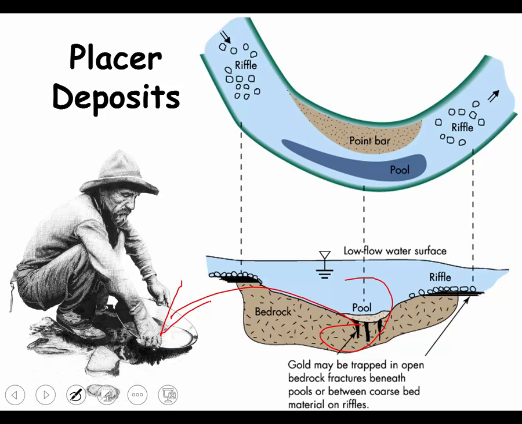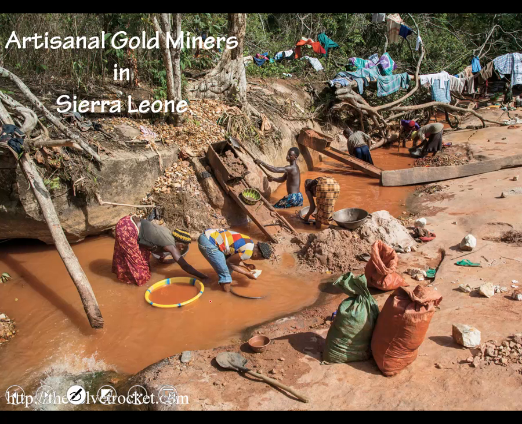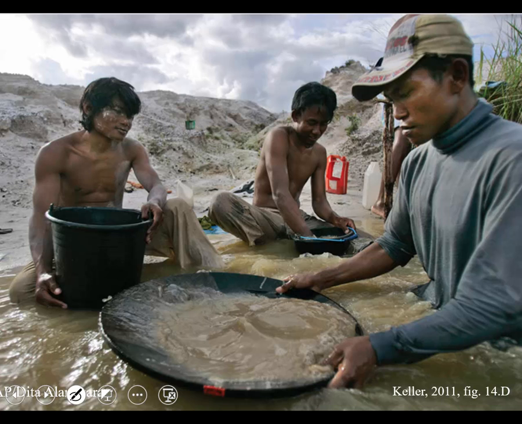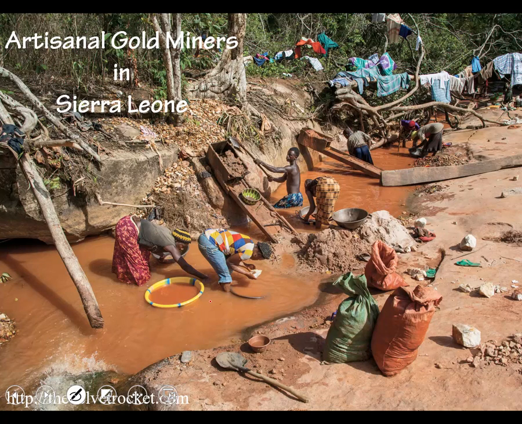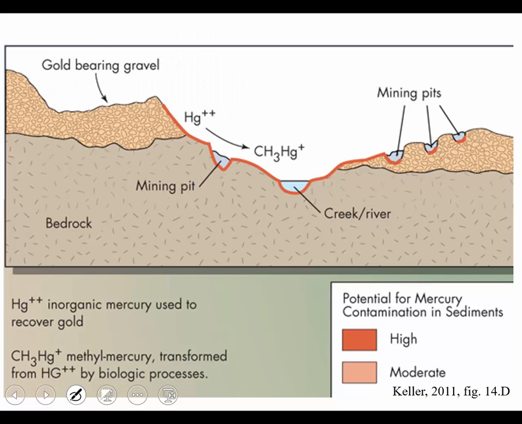Okay. But the other thing is, one of the things that you use to help concentrate gold is mercury. And so mercury is an element that is used in this so-called artisanal individual gold mining, that they're basically mining like we did in the 1850s in California. Okay, and the problem with this is that the inorganic mercury is used to recover gold.